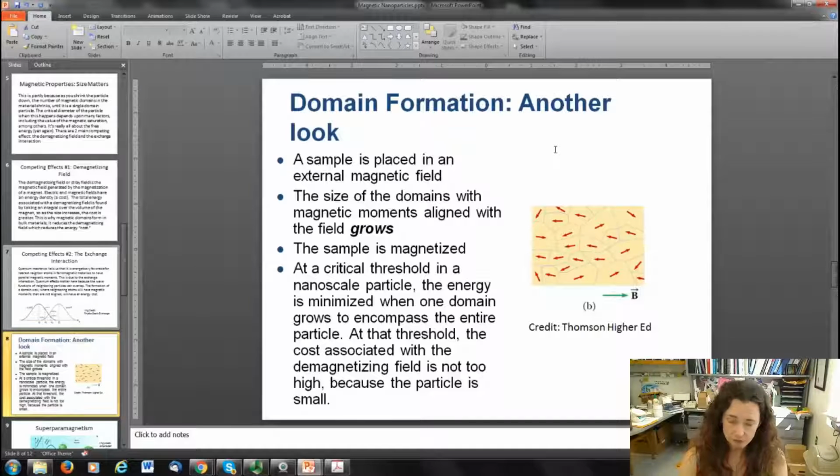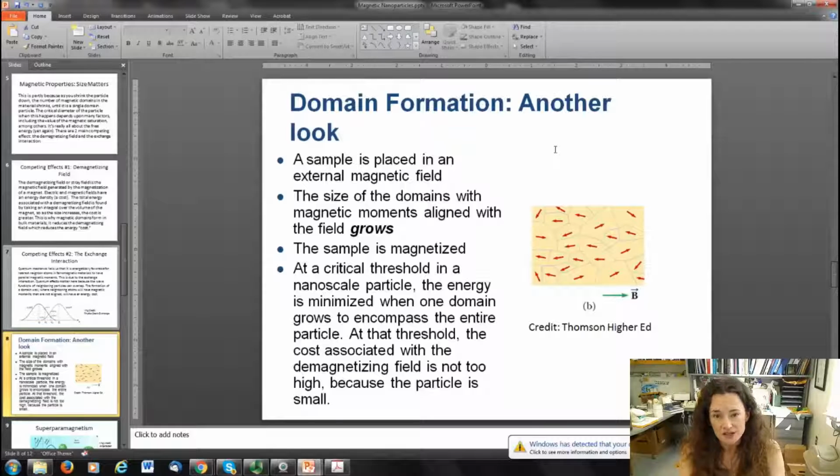Now the energy is equal to the negative dot product of the magnetic moment with the external magnetic field, which means that energy will be lowest when the magnetic moment and the magnetic field are aligned in most cases, okay? So that provides sort of a potential well that it can fall into.